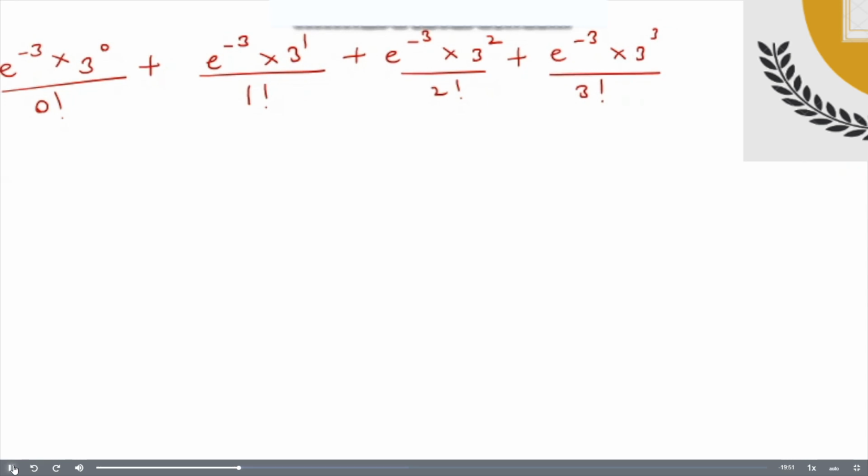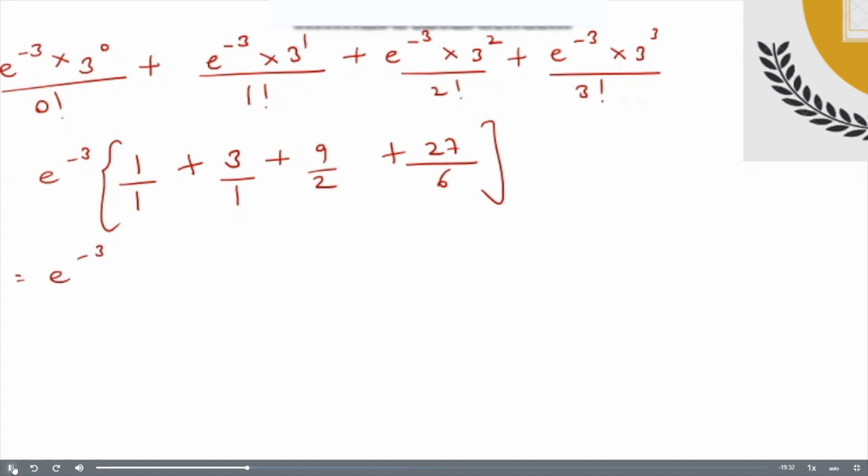We will take out e to the power minus 3 common. This is equal to 1, since 3 to the power 0 is 1 by 0 factorial is also 1, plus 3 by 1 plus 9 by 2 plus 27 by 6.